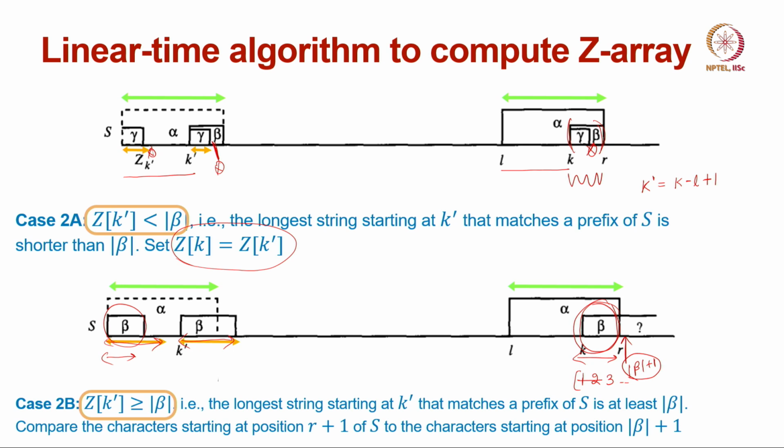Based on when we see a mismatch, we will compute the value of Zk accordingly, and we know Zk will be at least greater than or equal to beta. The exact value will be informed by the character comparisons we do from here onwards.